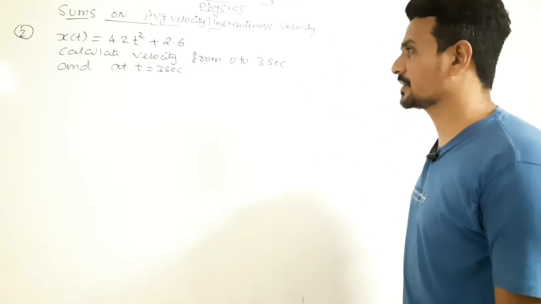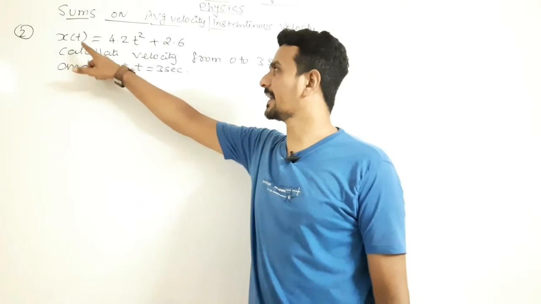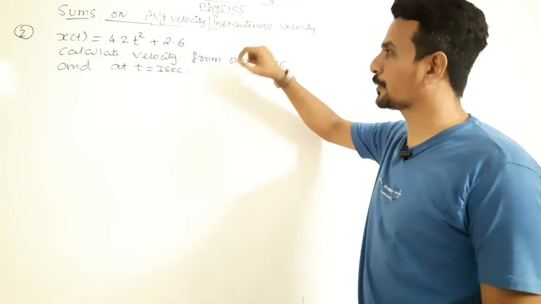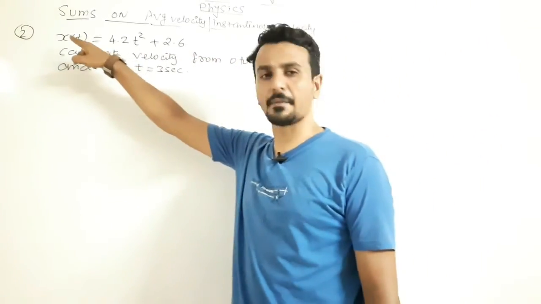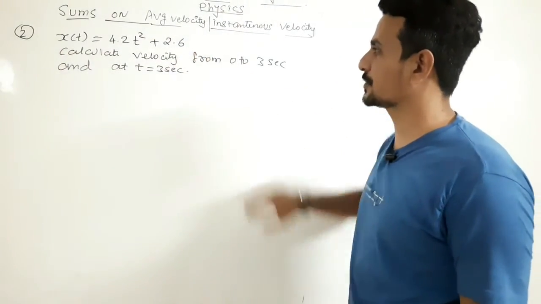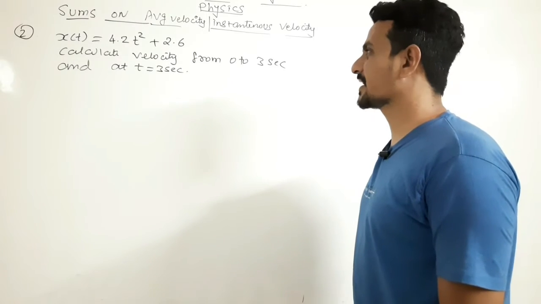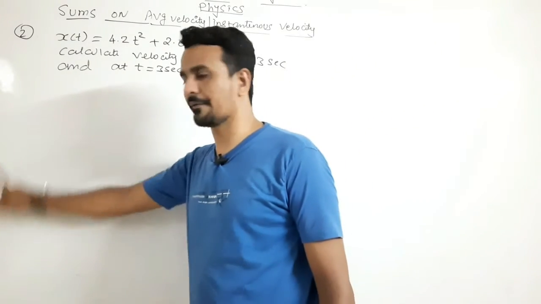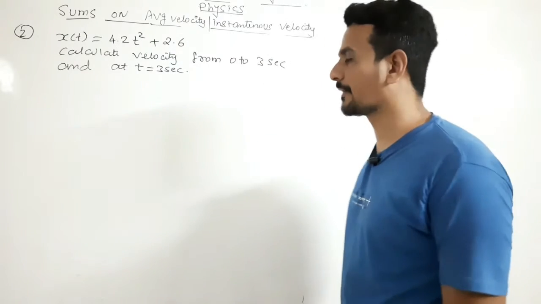So in this question, the position of the particle x of t is equal to 4.2 t square plus 2.6. Again, the position of a particle changes with respect to time. We are asked to calculate velocity from 0 to 3 seconds, and you also have to find velocity at t equals 3 seconds, right?